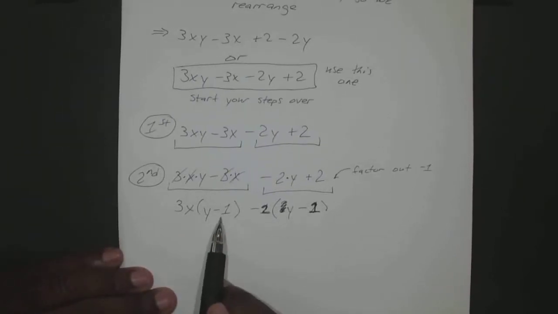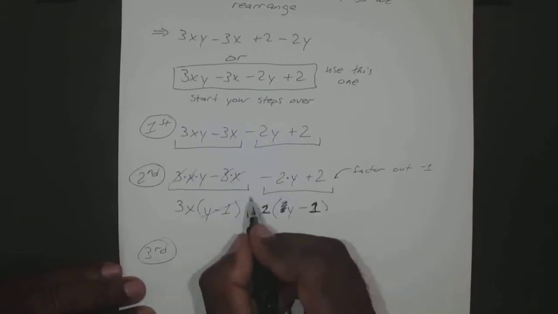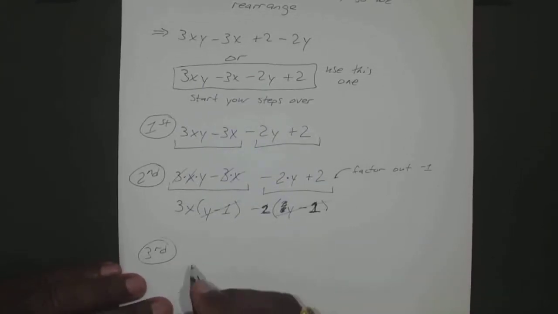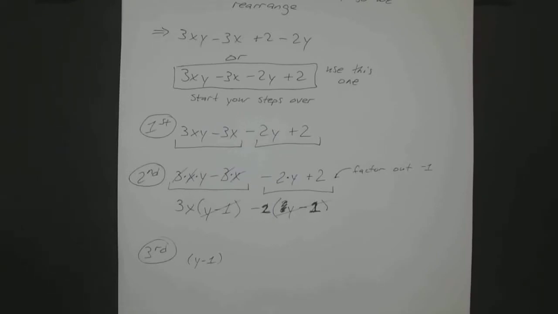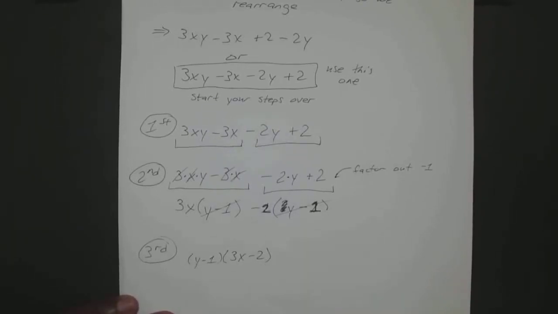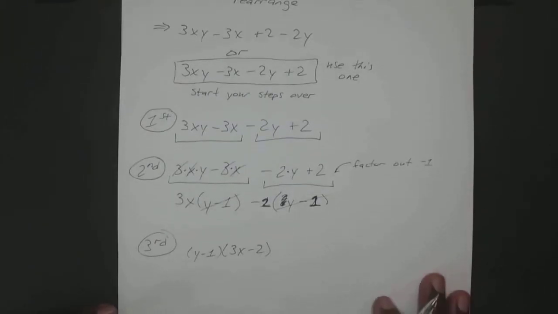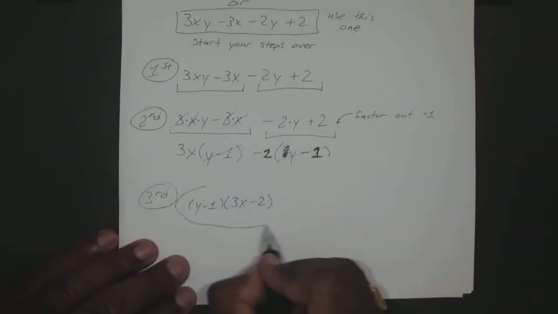Okay. So you have y minus 1 and y minus 1. Once again, as soon as they're the same, just factor it out. And everything that's left goes into the next parentheses. So you have 3x minus 2. Okay, so that would be your factor.